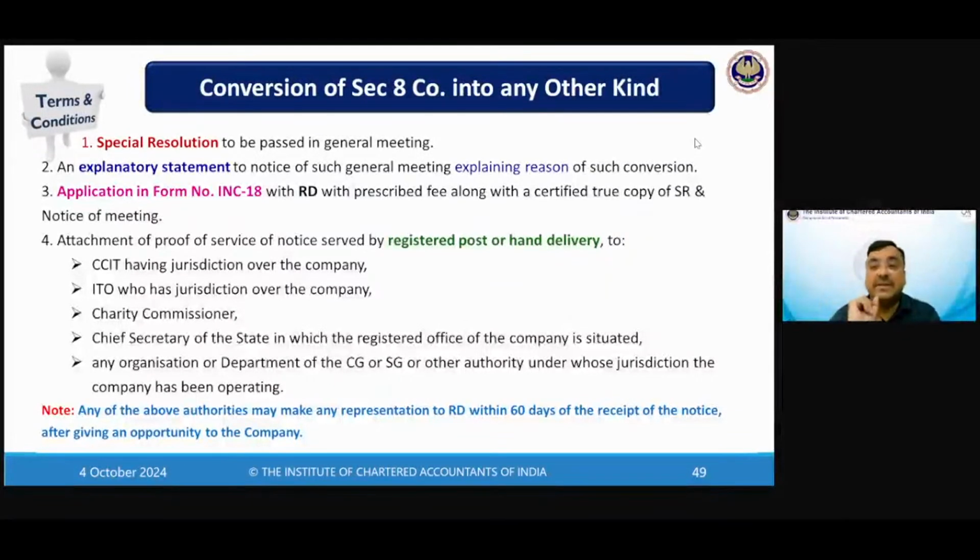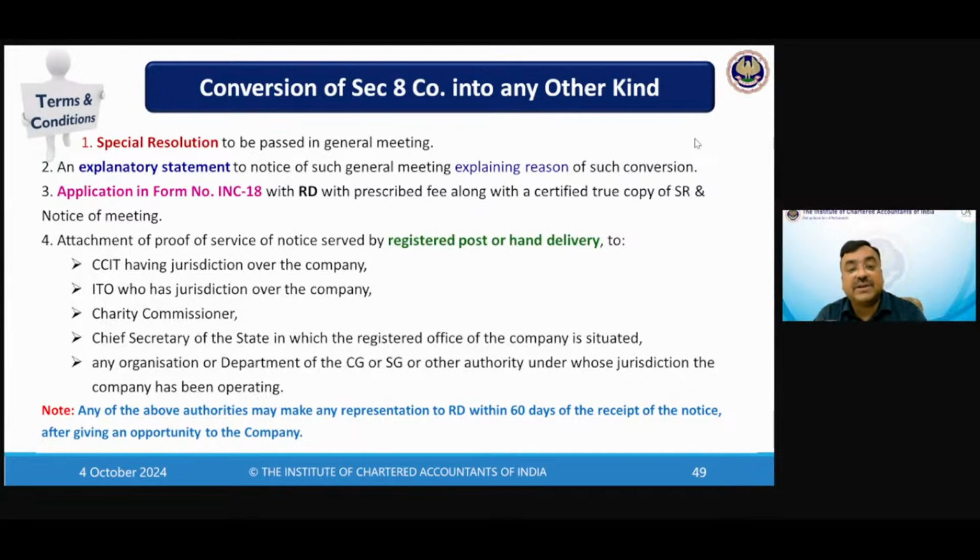First is the CCIT, Chief Commissioner of Income Tax, having jurisdiction over the company. ITO, Income Tax Officer, who has jurisdiction over the company. Charity Commissioner, Chief Secretary of the state in which the registered office of the company is situated.